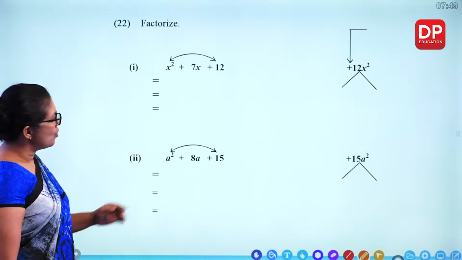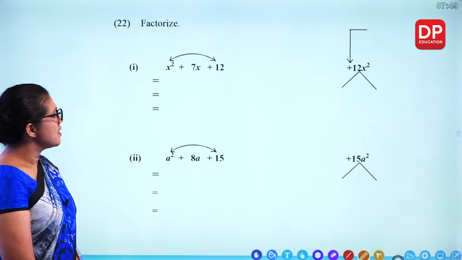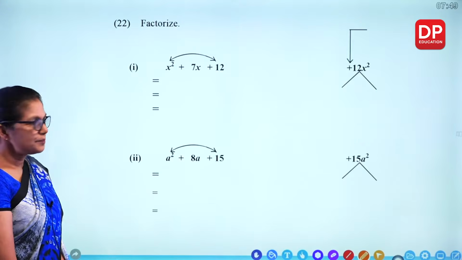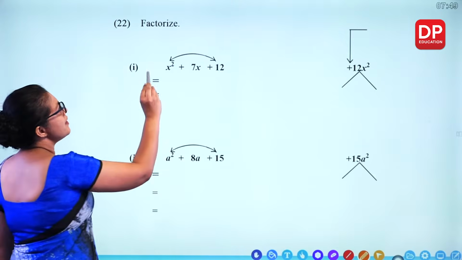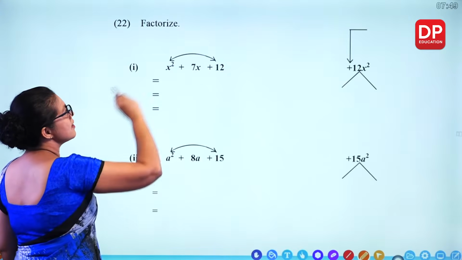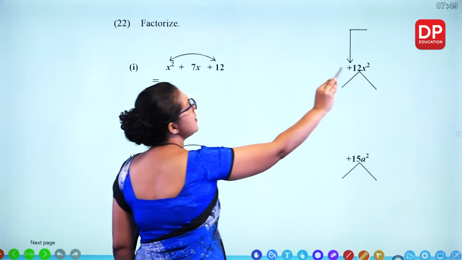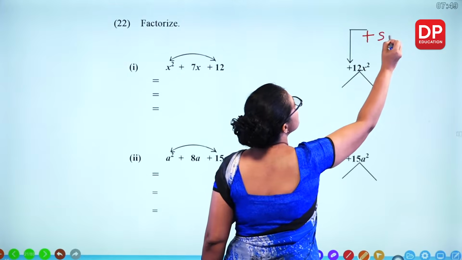Now we get same type of questions, all positive. So how can we factorize? Rearrange it, already there, x squared, 7x term and the constant. 12 into x squared, 12x squared, what's the sign? Positive sign.